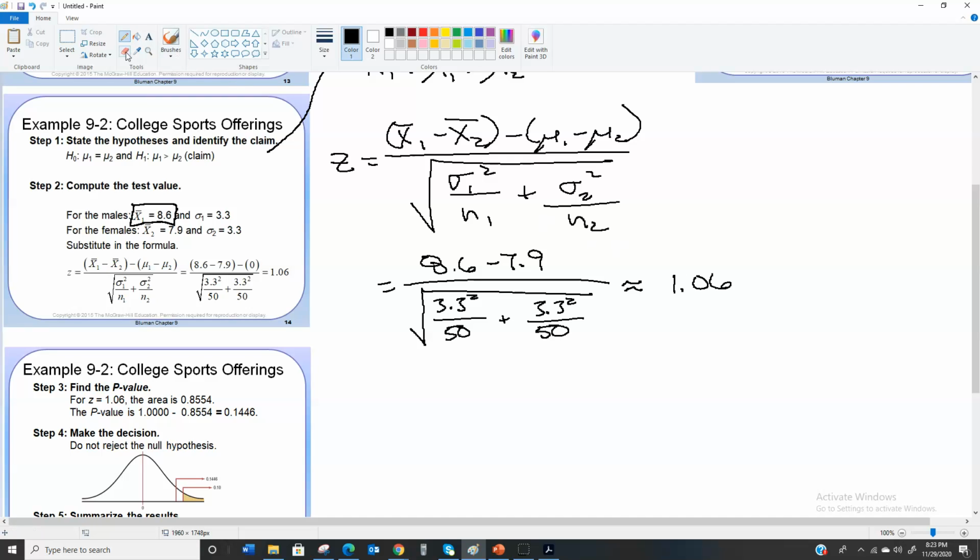Let me calculate that really quick. So the top, of course, let me just do an intermediate step. If you're trying to make sure that you can get this on your calculator properly, the top would be 0.7, and then the bottom should come out to be 3.3 squared.